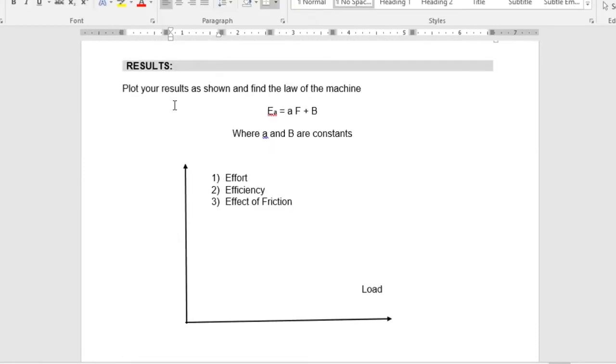The objective of this practical is to find out the law of the machine, the law of this bevel gear drive.